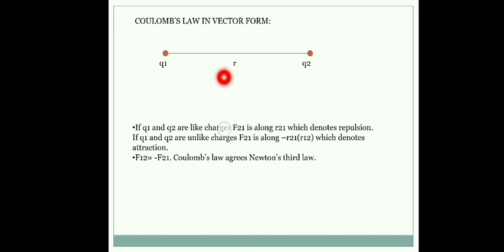Before expressing Coulomb's law in vector form, we must know the direction of the position vectors. Let the force exerted by Q2 on Q1 be denoted by F12. F12 represents the force exerted by Q2 on Q1.